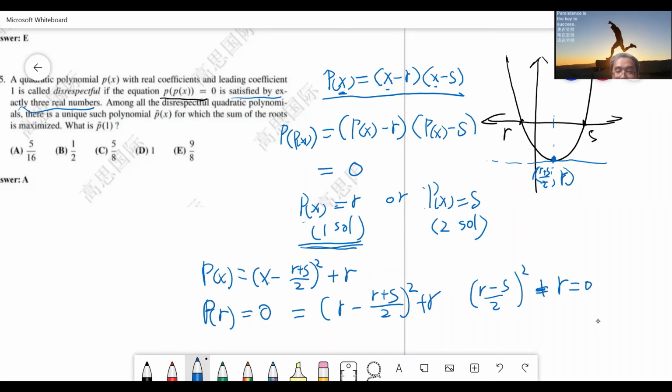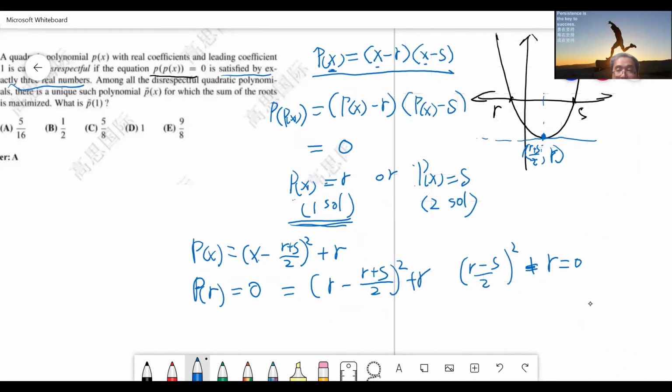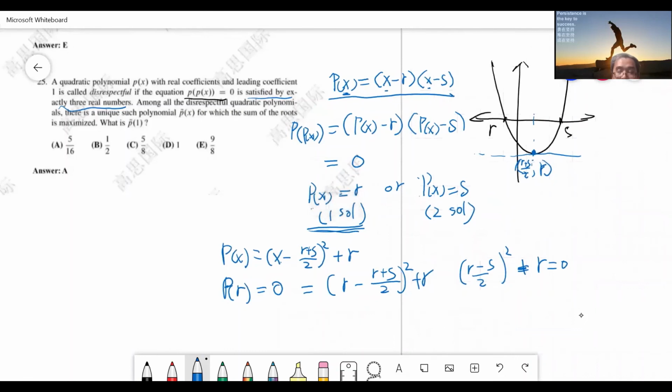We can solve for s in terms of r. So ((r minus s) over 2) squared equals negative r. Then we take the square root, so (r minus s) over 2 equals plus or minus the square root of negative r, of course with a positive or negative here.